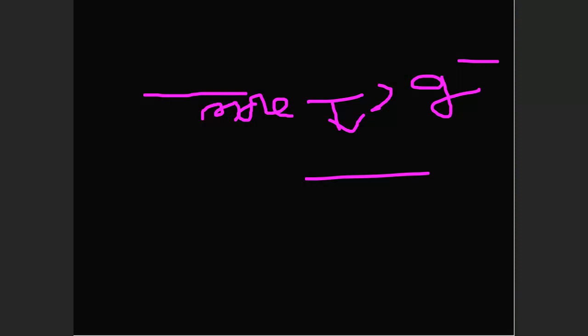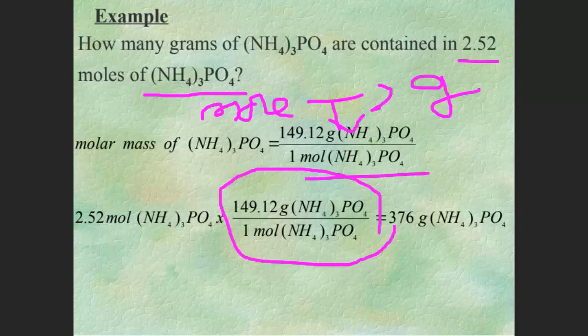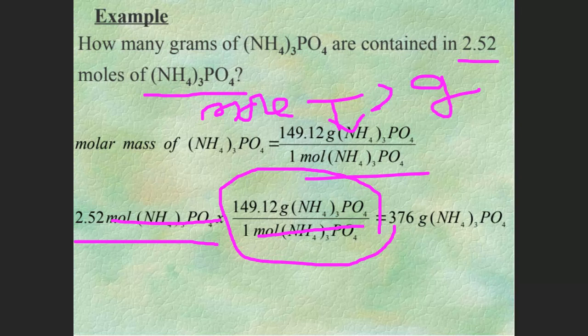This is our conversion factor, and whatever amount of mole we have to calculate in gram, we multiply with that, and then see how the unit is nullified. So we have 2.52 times 149.12 gram of ammonium phosphate. So this is the answer.